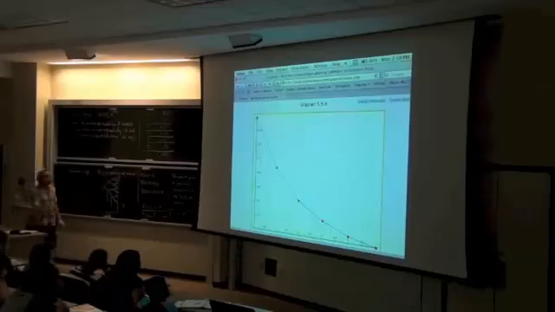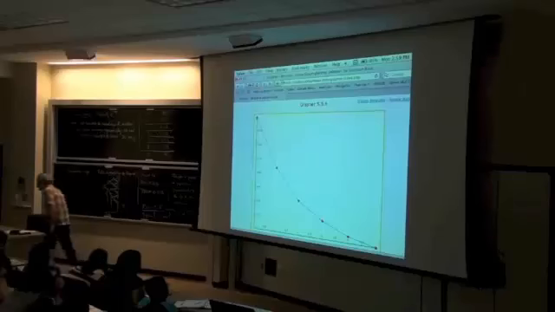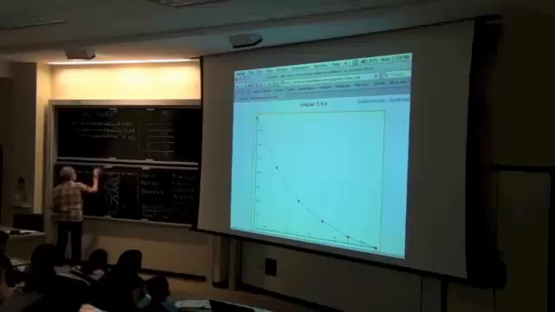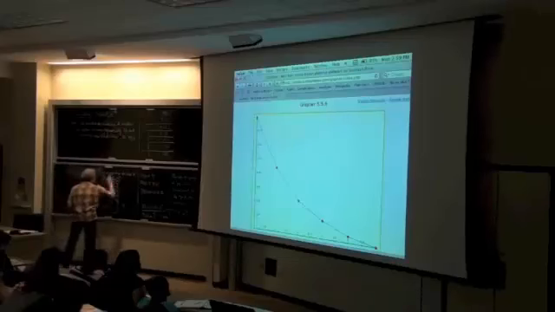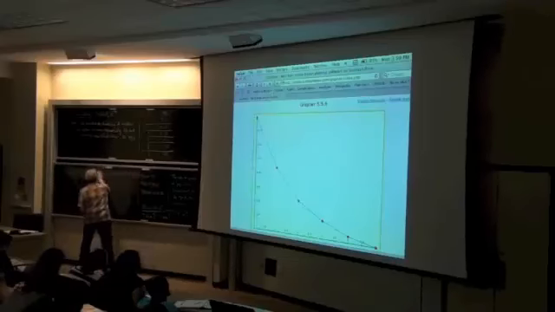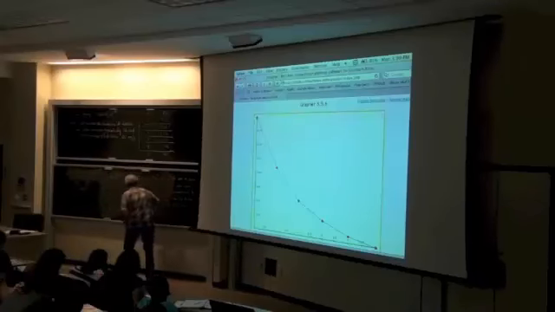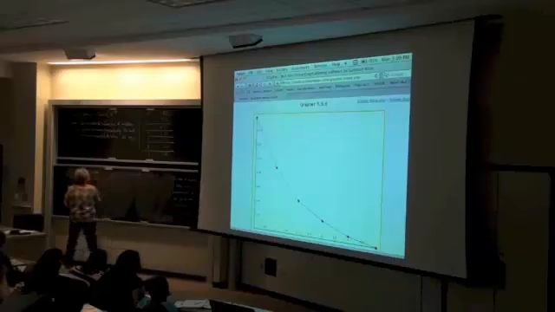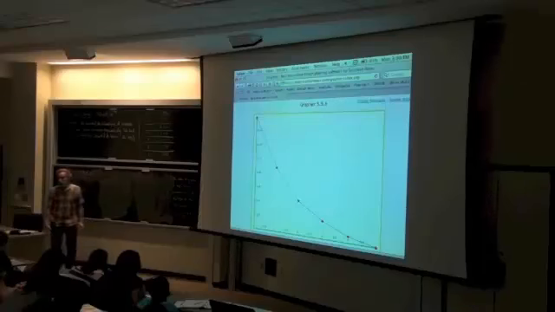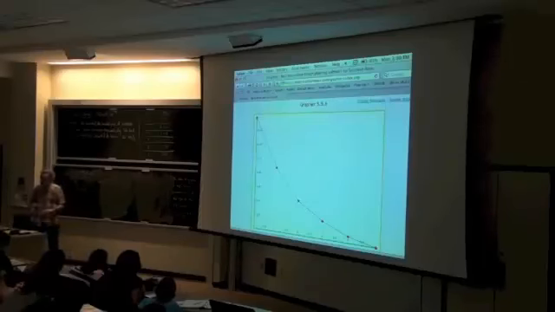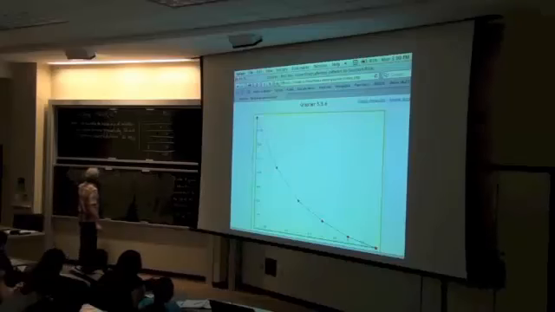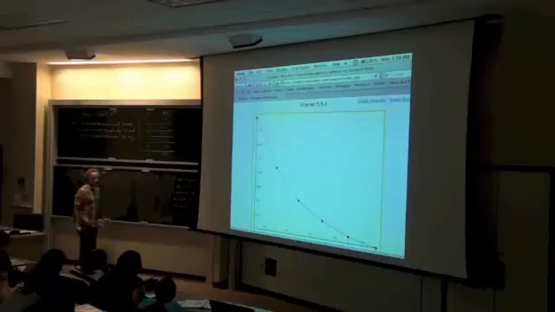But there is something that we can do. It's really simple and makes use of the form of an exponential function. So C of t, an exponential function always looks like some constant times e to the minus kt.